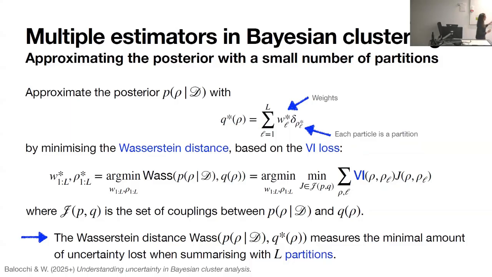Okay, and so this is just in the case of clustering, where I'll show you the examples later. These rho are partitions, and I'm going to be using that VI loss here.